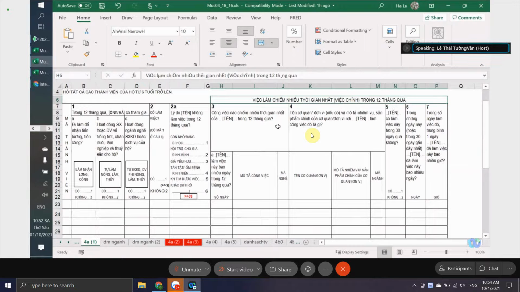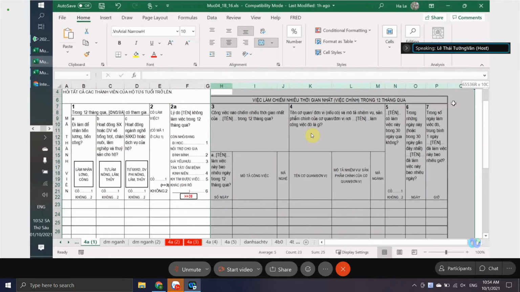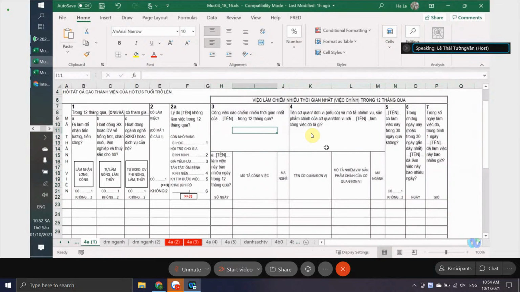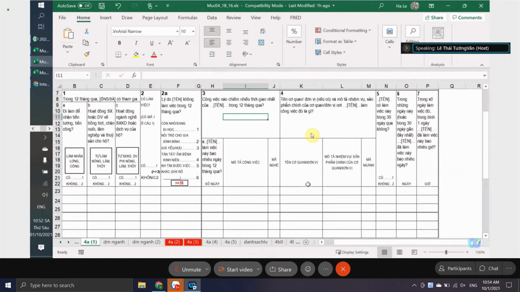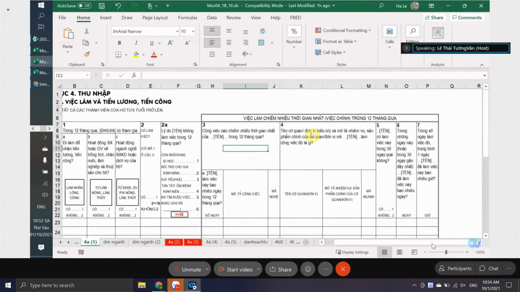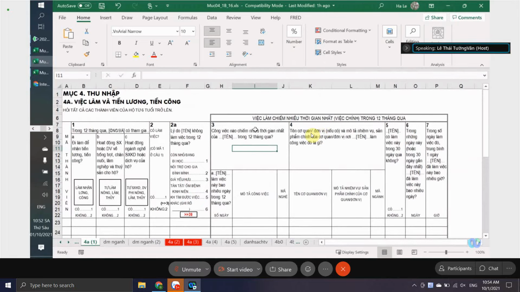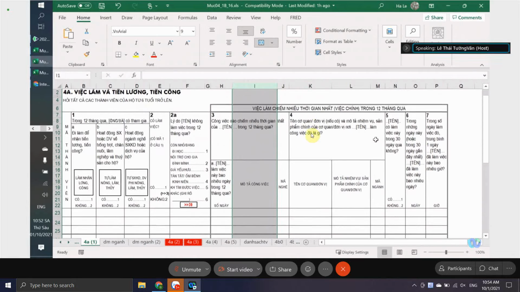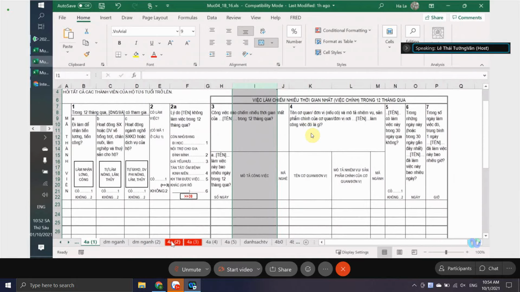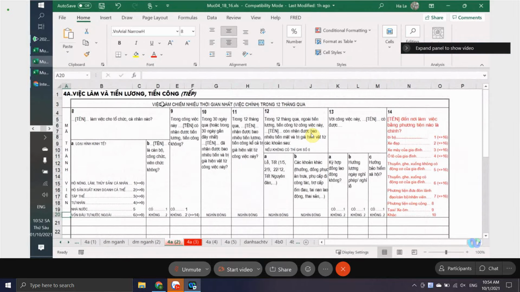But in this case, the first part covers the job that takes the most time in the last 12 months. That is the main job. And then you would have information about industry and occupation.